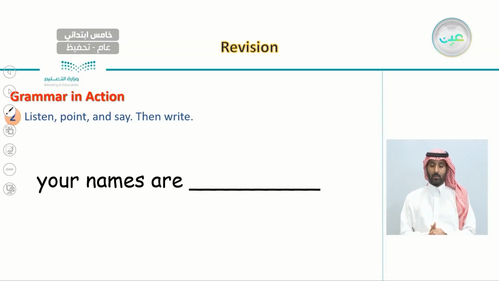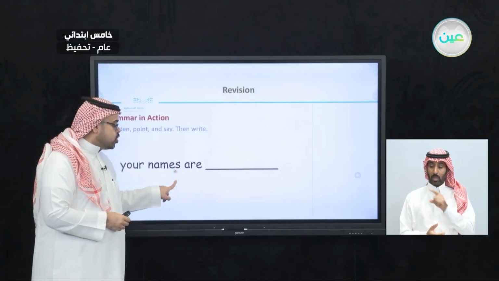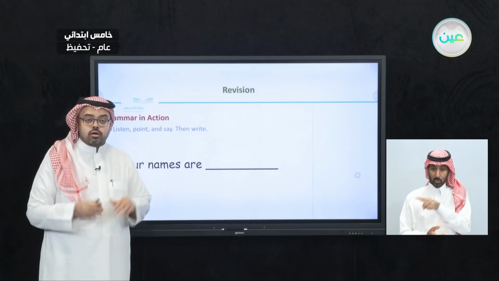Also, your names are. Now, I'm not talking only about you, but also you can write down your partner's name. If your name is Ali, what's the name of your partner? Saeed, Ahmed, or Muhammad. Write them down here. Your names are.